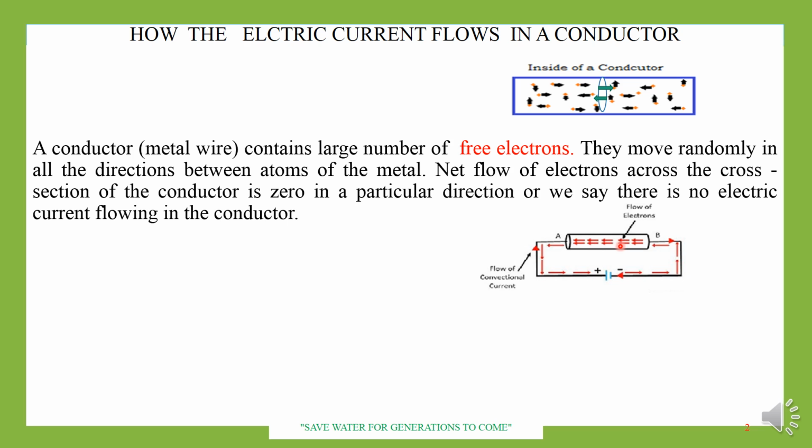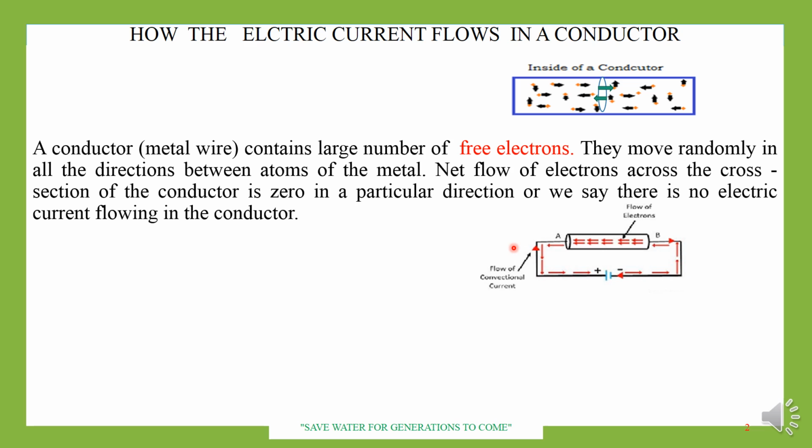When this conductor is connected to the cell, what happens? Free electrons start flowing through this conductor in a particular direction. You can see here these electrons are moving in this direction from B to A, and this is the cross-sectional area. Their motion can be seen in this diagram.